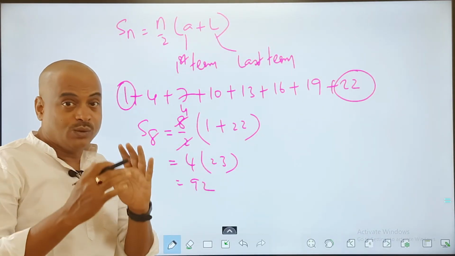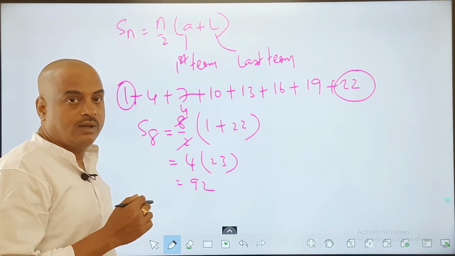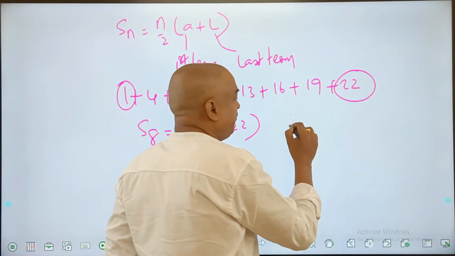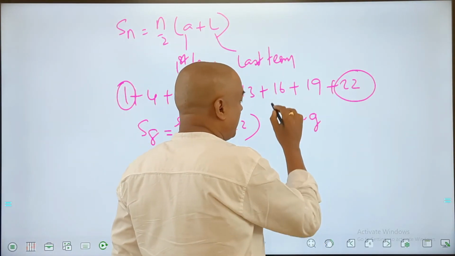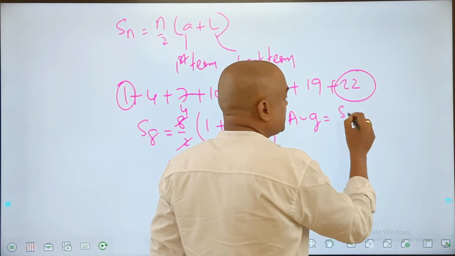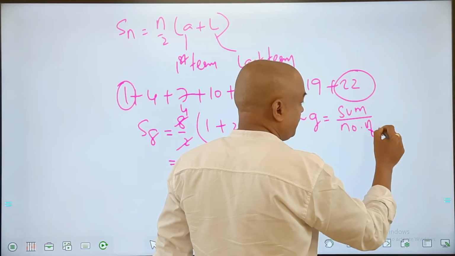Now I'll show you how we get this formula. Let's see how we get this formula. You all know the formula for average, or what is the method to find average? It is the sum of the numbers upon the number of numbers.